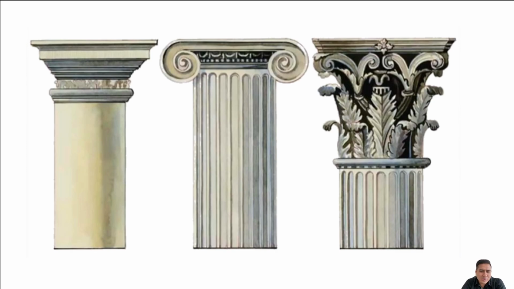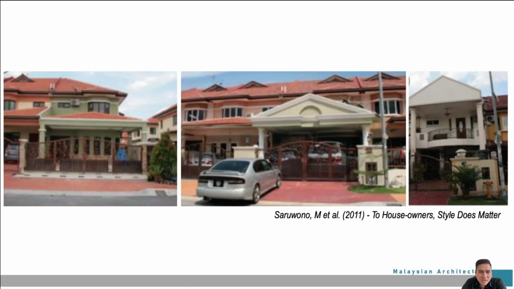Maybe you are wondering why I show this image to you in this Malaysian architectural development. Let's see, this is a few examples in the common terrace house scheme in Malaysia.